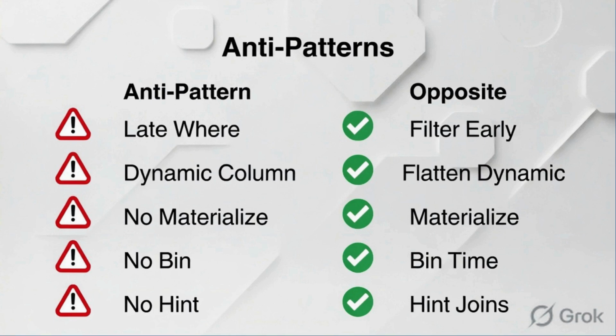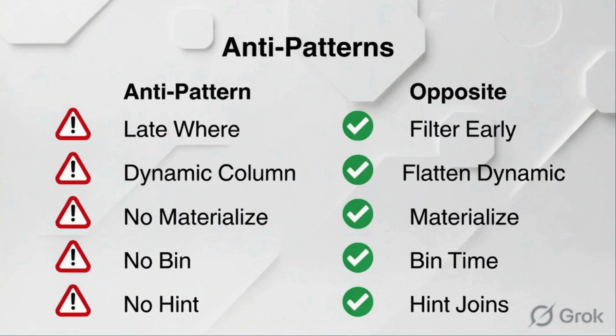No materialize. Recomputing expensive subqueries over and over wastes compute. No bin. Summarizing time data without bin creates irregular buckets that break trends and analysis. No hint. Letting the optimizer pick the wrong join flavor, broadcast on large tables, causes blowups.